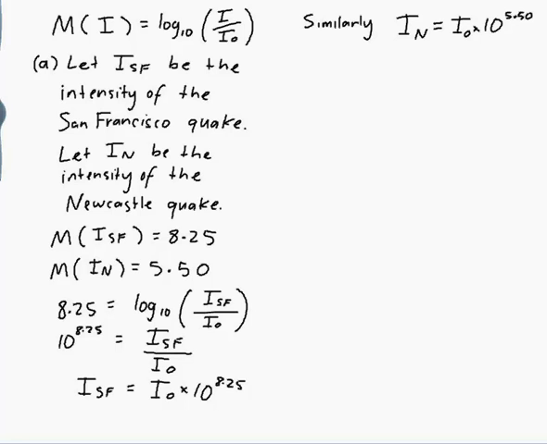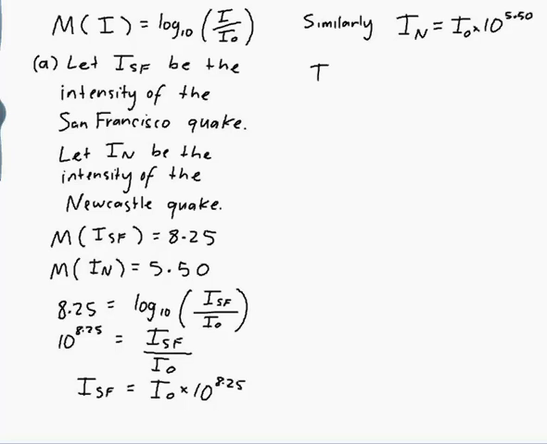Now I've still got an I0 there, but let's see, what can we do? I need to find out how many times more intense ISF is than IN. So how many times more would mean I want to find out the number of times that IN goes into ISF. So that would be ISF divided by IN.